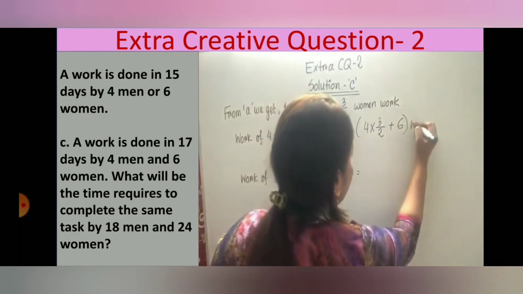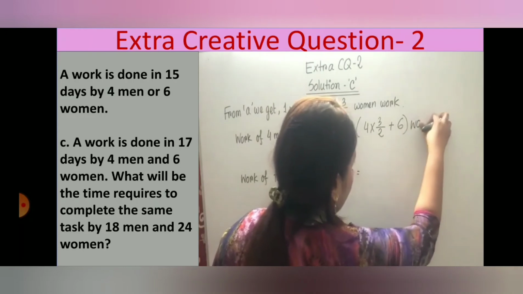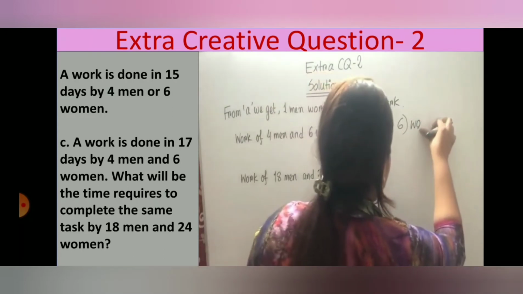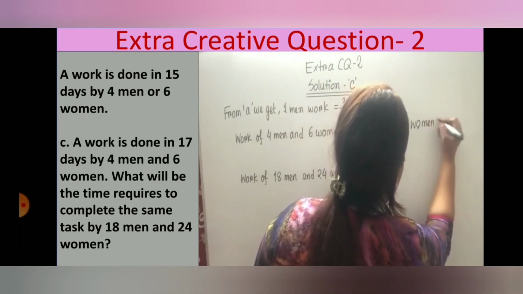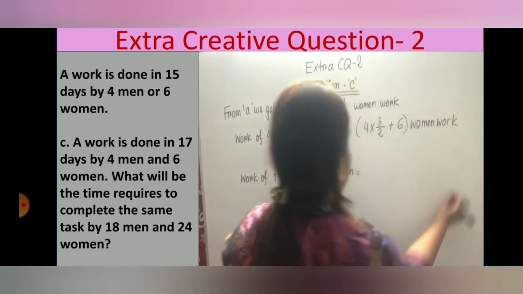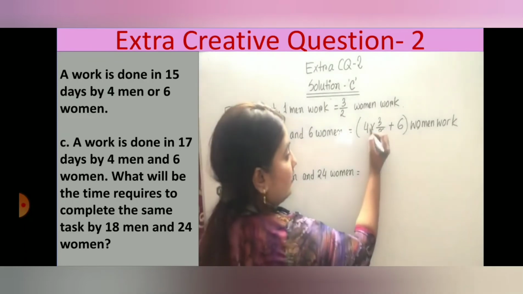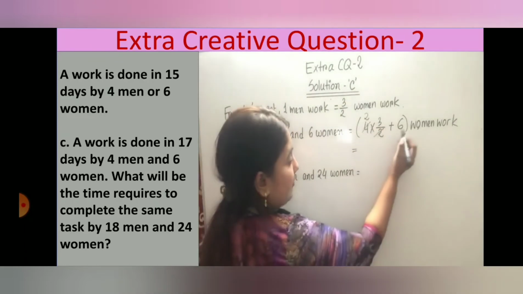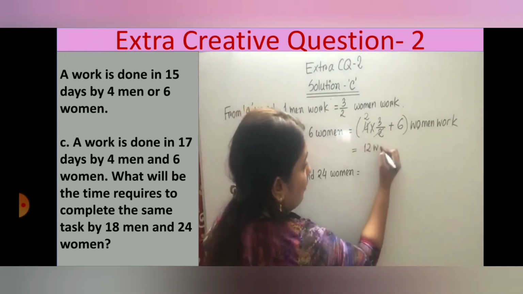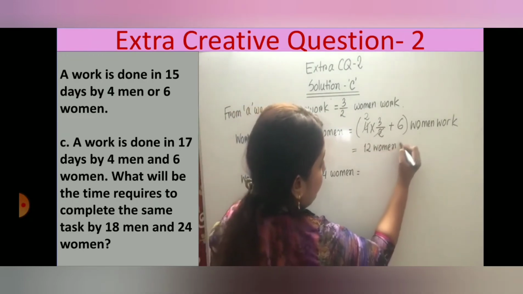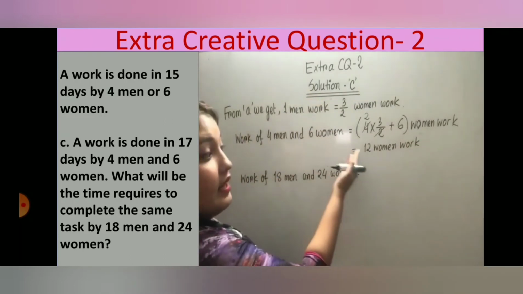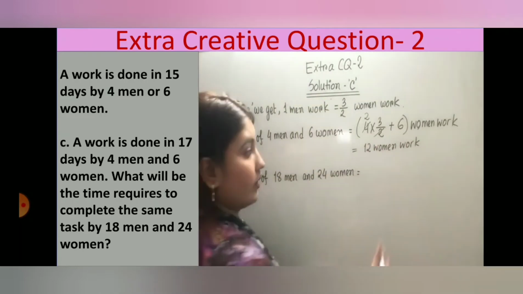So, if I do the calculation here, 2 3s are 6, plus 6 is 12 women's work. So, 4 men and 6 women is equal to 12 women's work.